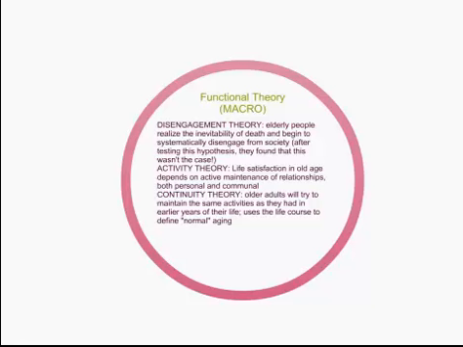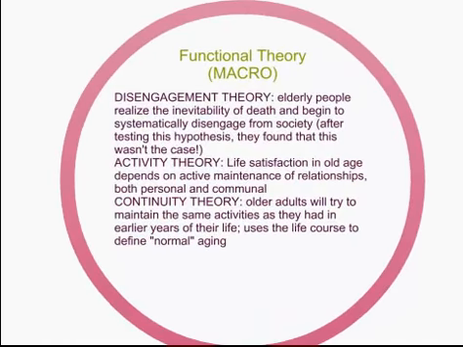So rather than looking at how the structure is making the individual behave in a certain way, continuity theory says the individual is defining for him or herself what the processes relating to aging, relating to the concept of death and dying are going to be. And when the individual does that, their quality of life and also then death is better. So that's functional theory. Now we also want to talk about conflict theory.